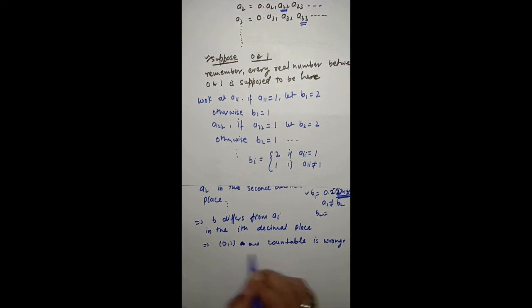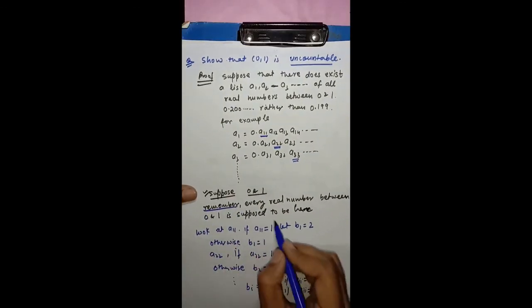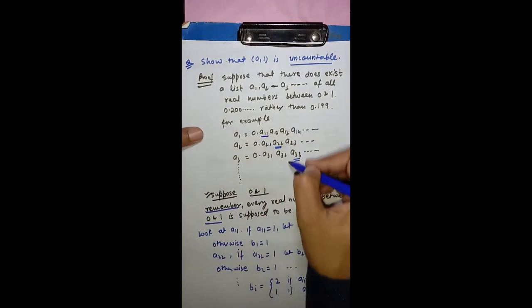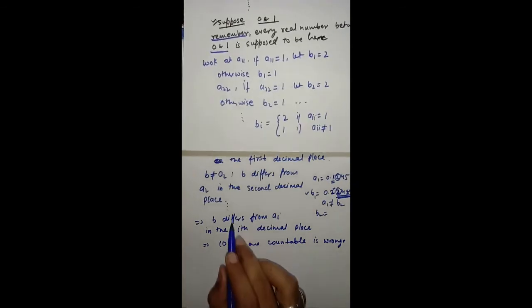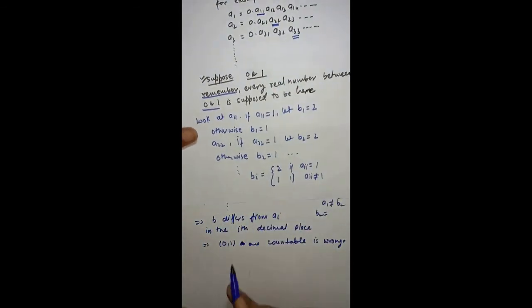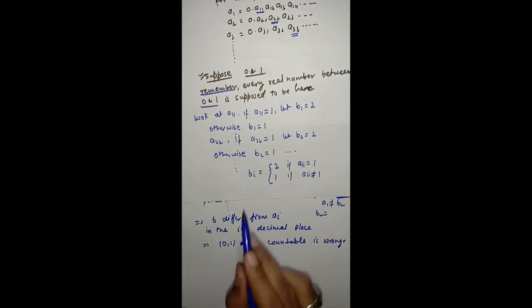This is a contradiction. Remember that every real number between 0 and 1 is supposed to be here, but we have a number b which is not present in the list, because b differs from ai in the ith decimal place. That means this is a contradiction because b is not present in the list.